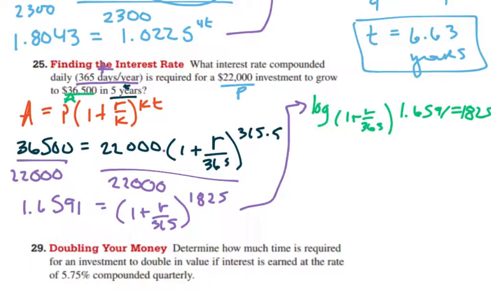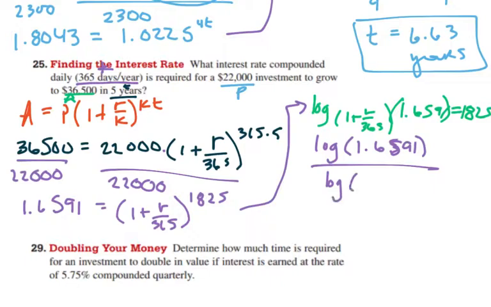So the way that we're going to write this is with our change of base, so that we have something that we can kind of maneuver around. Change of base means that it's actually log base 10, or whatever base you want, of the piece inside of the parentheses, not the base, so log of 1.6591 over log of 1 plus r over 365 equals 1825.